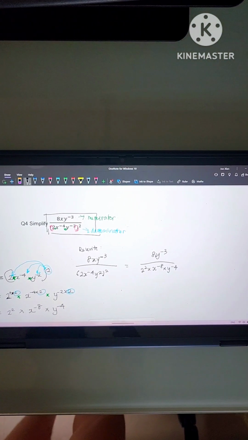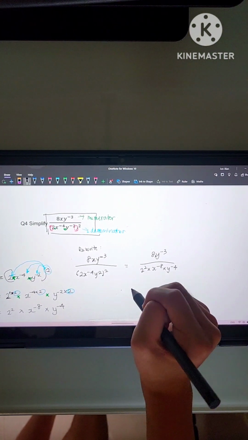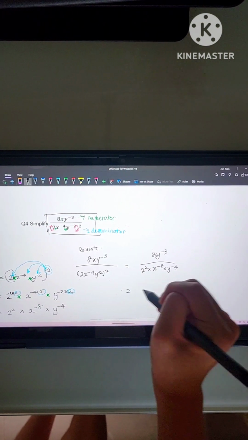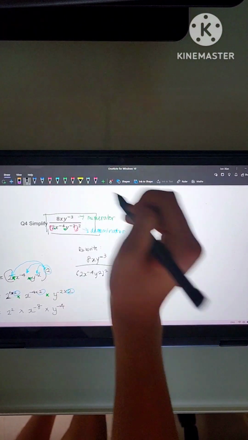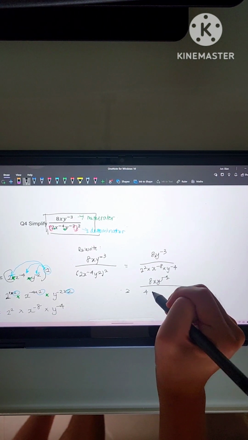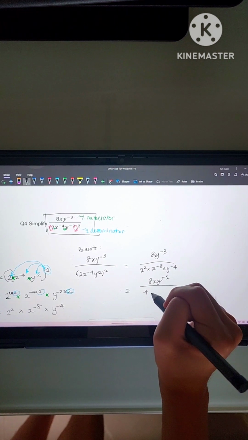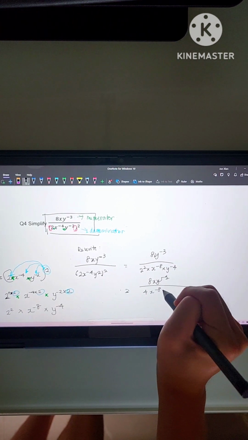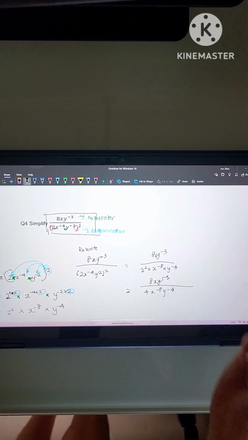So can we simplify the denominator even more? Yes, we can. 2 to the power of 2 is 4, right? So 4 times x to the power of -8 and y to the power of -4. So we put them together.